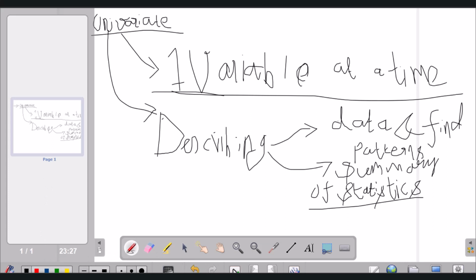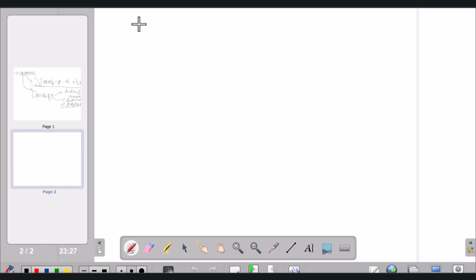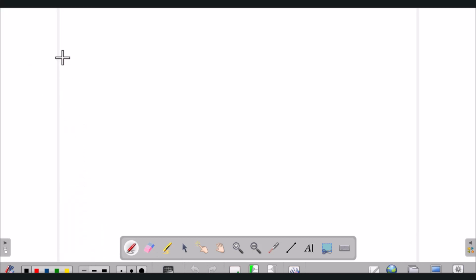So let's discuss a use case now. We understood what univariate is all about, and we'll try to understand this concept with respect to a use case.